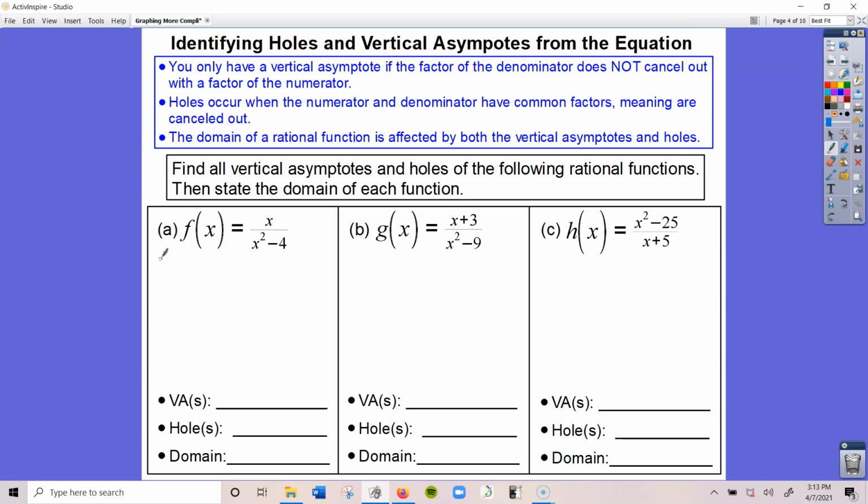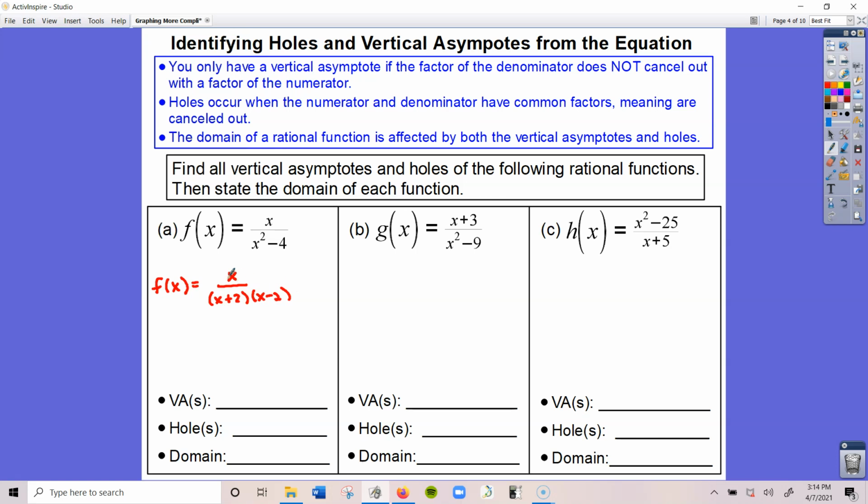So let's start with this first one. We have x over x squared minus 4. So let's simplify this. The numerator cannot be factored, so we leave it as x. But x squared minus 4 is a difference of squares. So we factor that to be (x plus 2)(x minus 2).